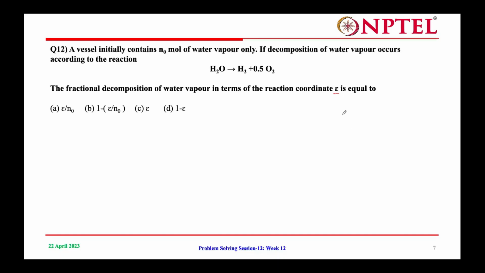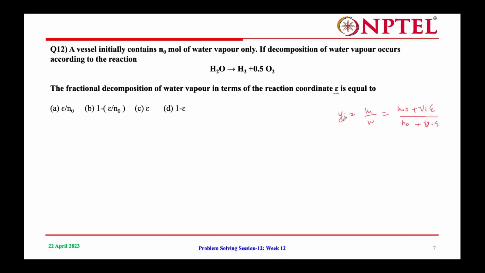As you know, mole fraction is equal to ni over total moles, where ni is the initial moles of the species plus stoichiometric coefficient into reaction coordinate, and total moles is initial total moles plus total stoichiometric coefficients into extent of reaction.